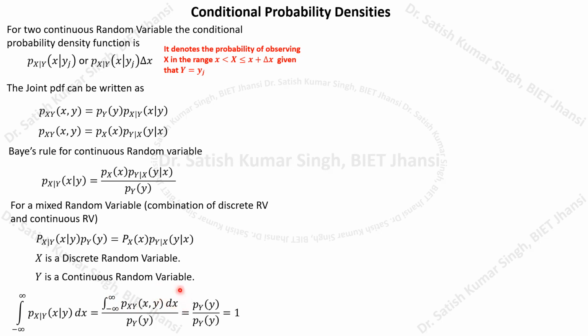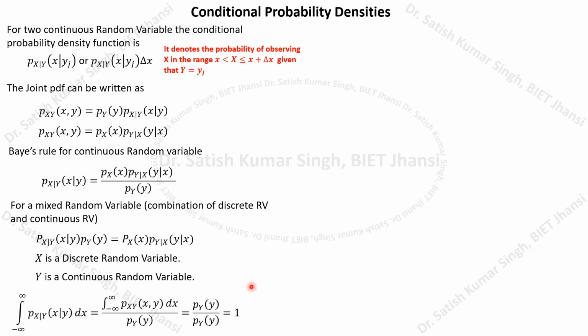The marginal density function that we get is the individual probability density function corresponding to the random variable y. So the denominator and numerator will cancel out, and this will give you equal to 1.